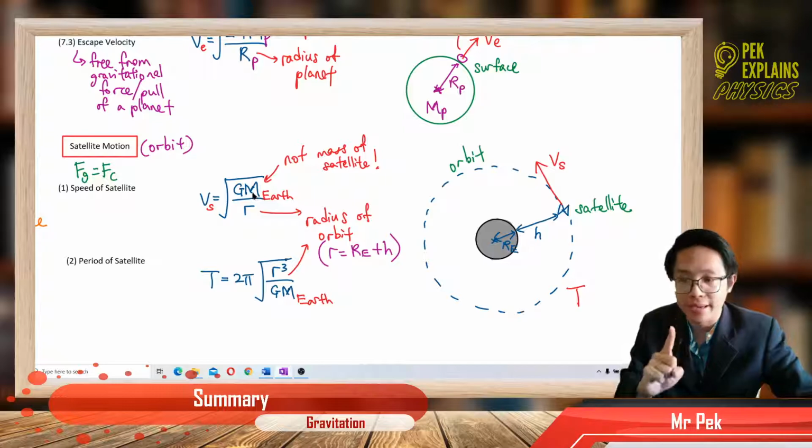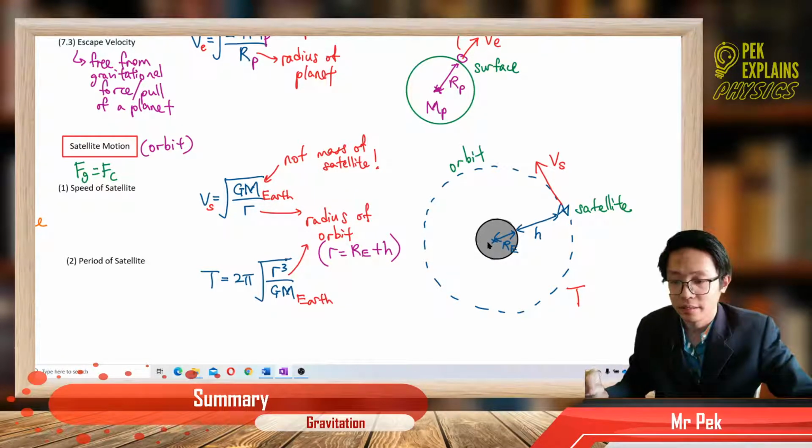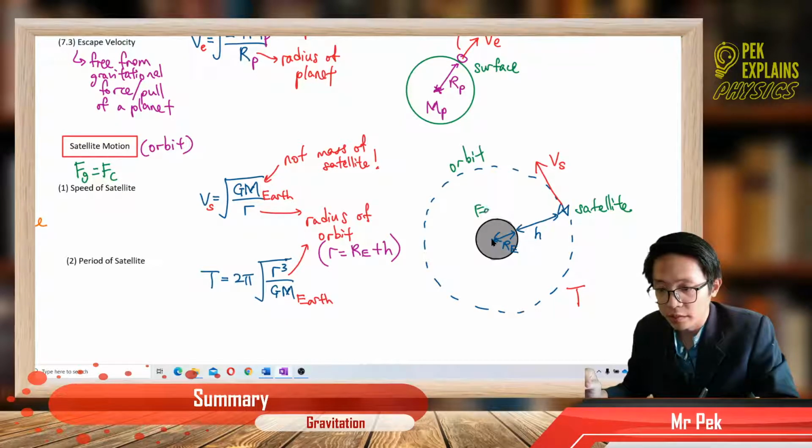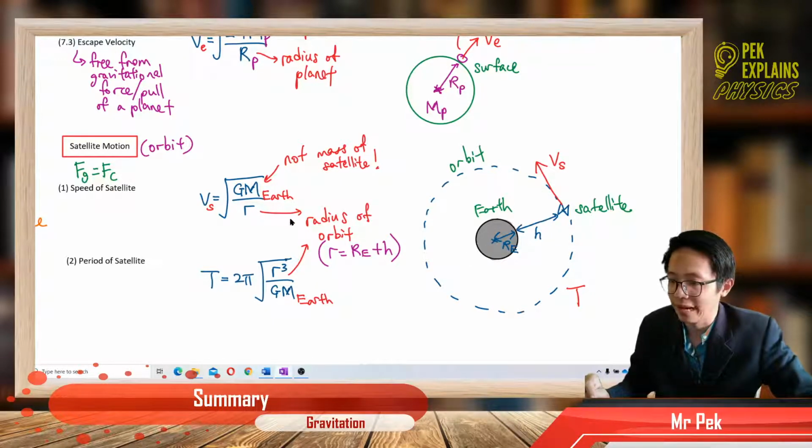The mass here is of course the mass of Earth. And r is the radius of the orbit. So remember, it's not the radius of the Earth only, but the radius of the orbit, because we are talking about a satellite in the orbit.